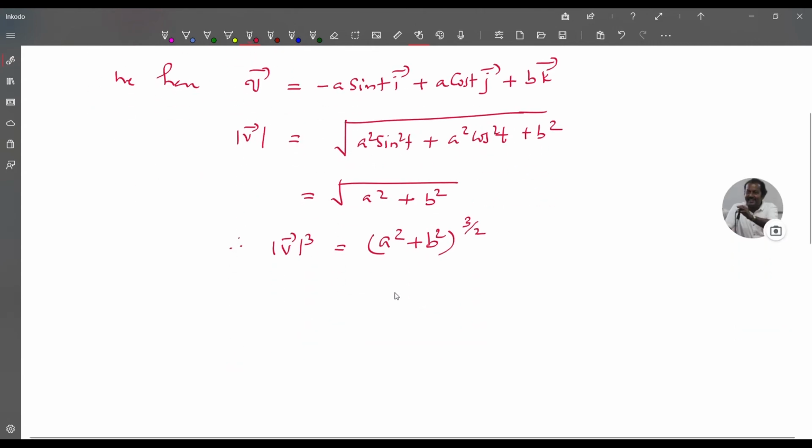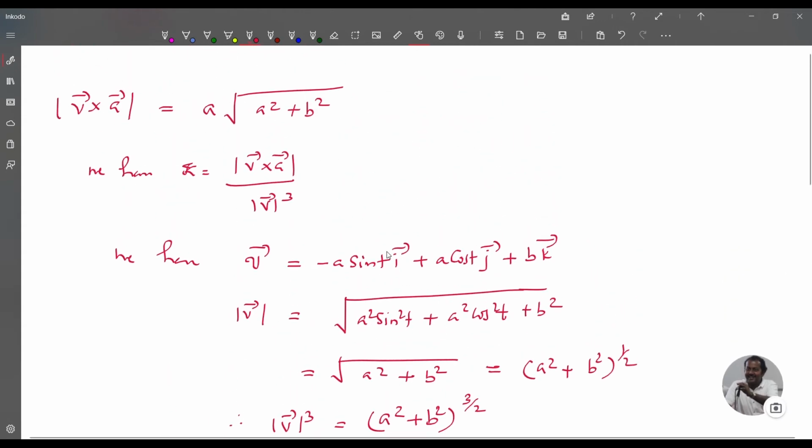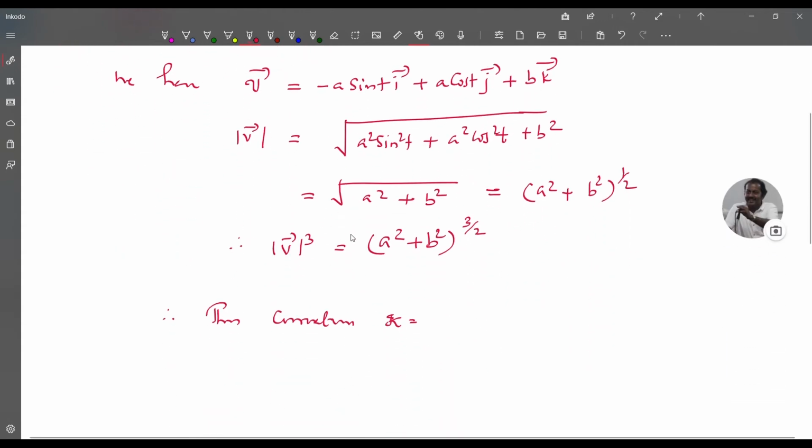This is equal to a square plus b square whole raised to 1 by 2. Therefore, the curvature kappa is equal to modulus of v cross a, so that is a into the square root of a square plus b square, divided by modulus of v cube, which is a square plus b square the whole raised to 3 by 2.